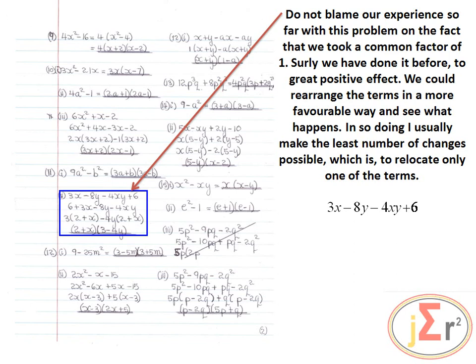So surely we have done it before to great positive effect. We could rearrange the terms in a more favorable way and see what happens. In so doing, I usually make the least number of changes possible, which is to relocate only one of the terms.